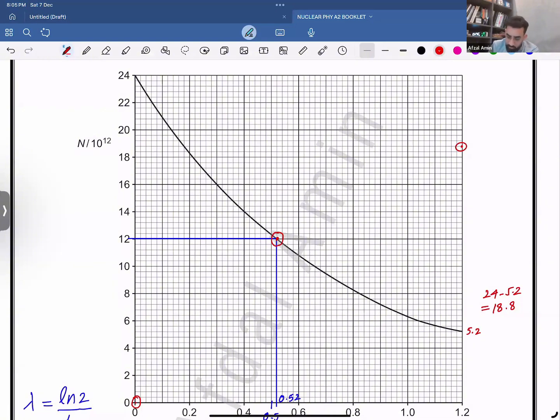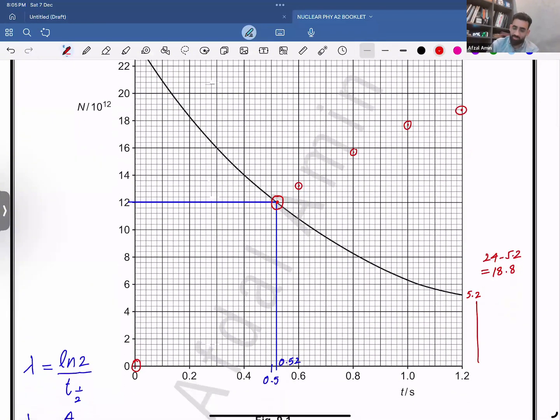I can draw as many as I want. So their sum should be the same.